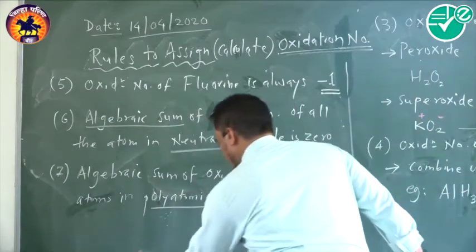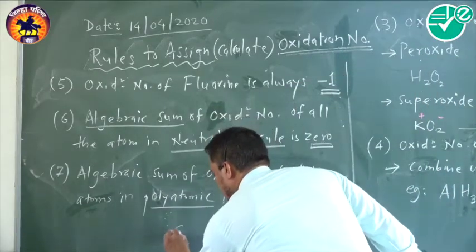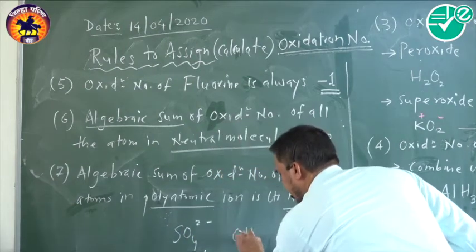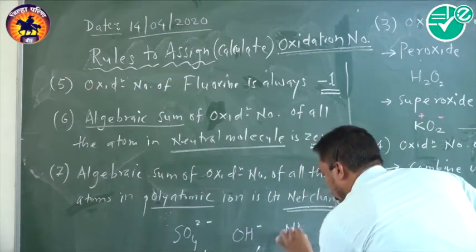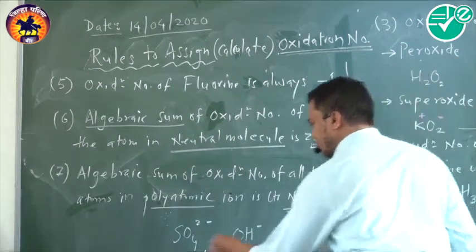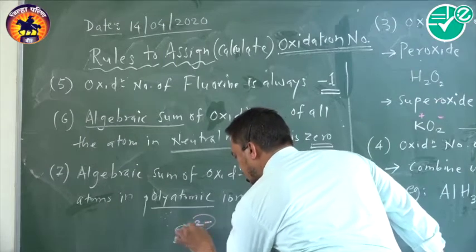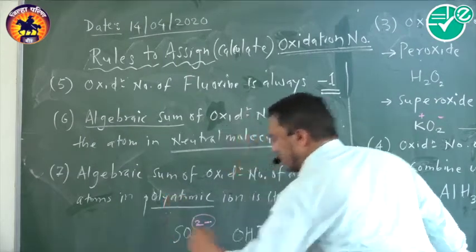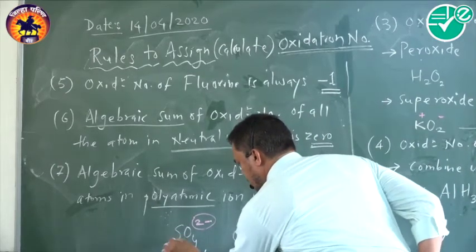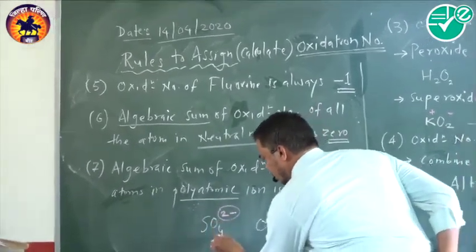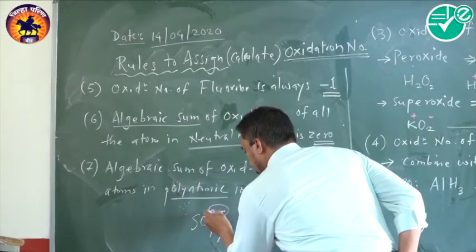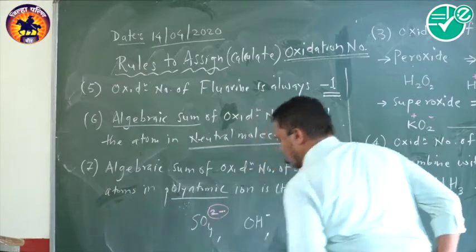For example, we'll take the sulfate ion, hydroxide ion, or ammonium ion. Look here, sulfate ion. This is the net charge on this polyatomic ion. If you add the oxidation number of sulfur and the oxidation numbers of 4 oxygen atoms together, you get the net charge, that is -2.